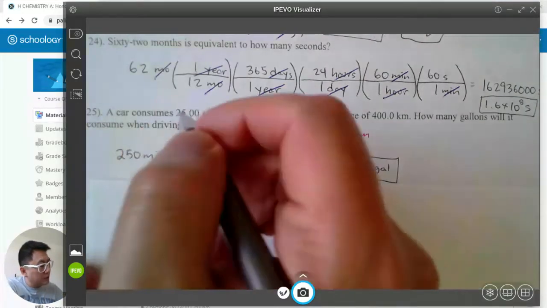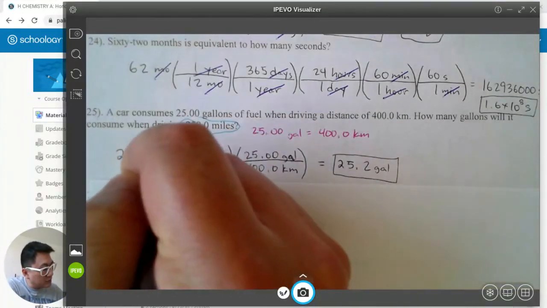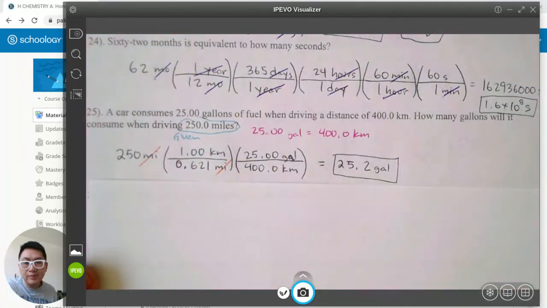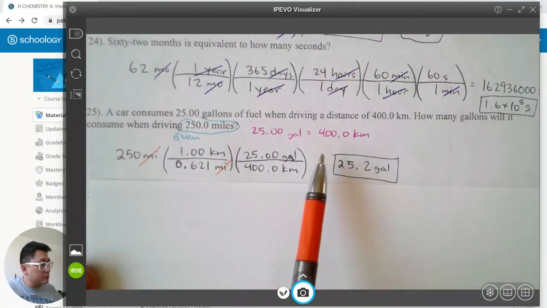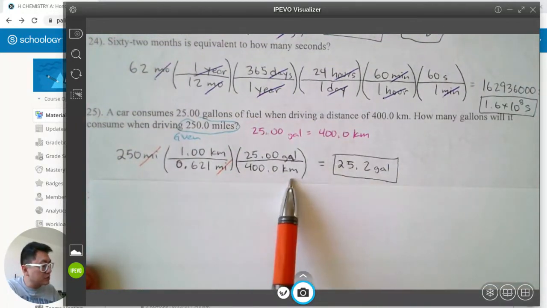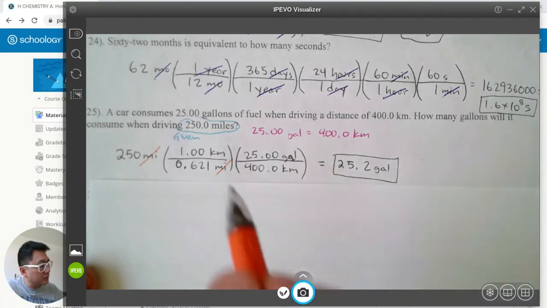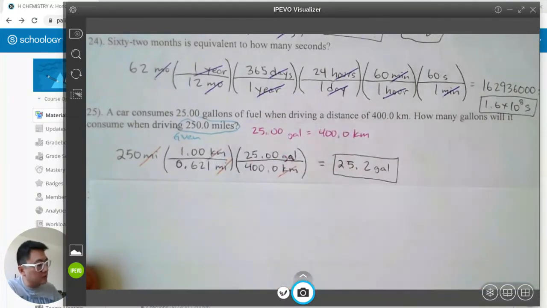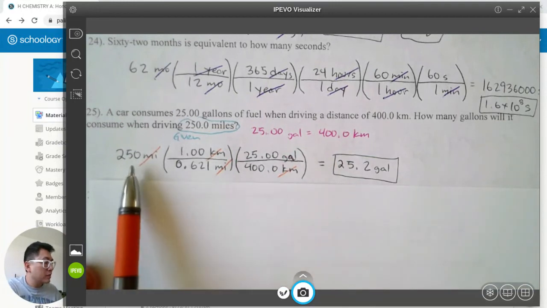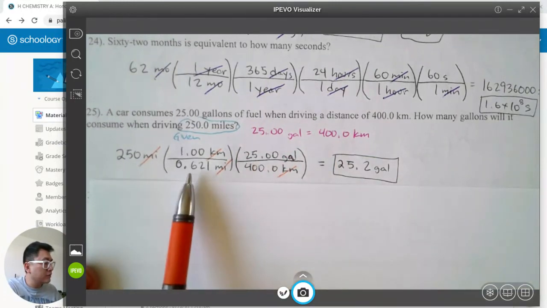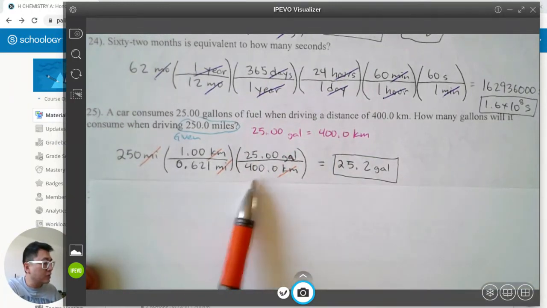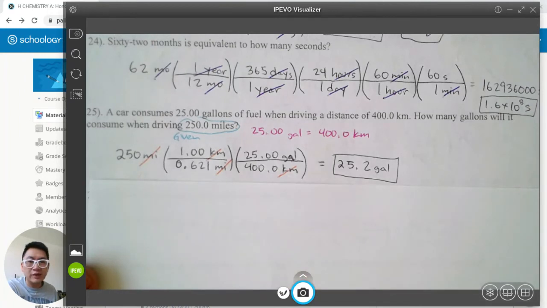I know that there's 0.621 miles in a kilometer. Miles and miles cancel. And I know from this problem, 400 kilometers on the bottom is equal to 25 gallons. Kilometers and kilometers cancel. Multiply 250 times 25, divide by 0.621 and 400. And I got 25.2 gallons.